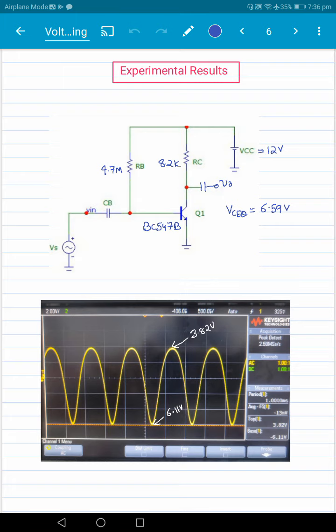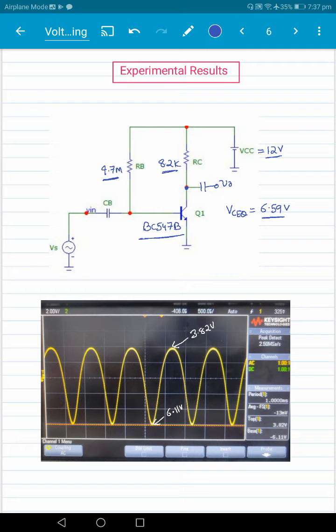All right, very briefly, I want to show you an experimental result. This is a transistor BC547B, and the supply voltage is 12 volt, just like in the simulation, biased through a 4.7 mega ohm resistor and 8.2K. It's a little bit difficult to control the value because of tolerances in resistors. So VCQ was 6.59. It wasn't exactly the 6.1 volt that we wanted.